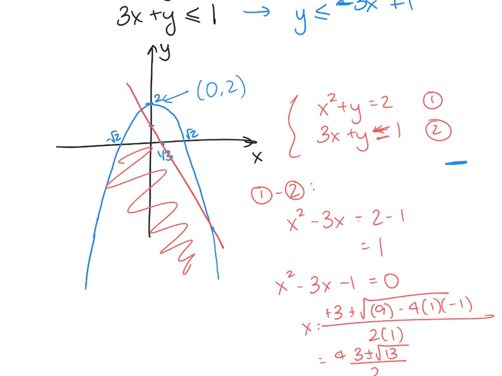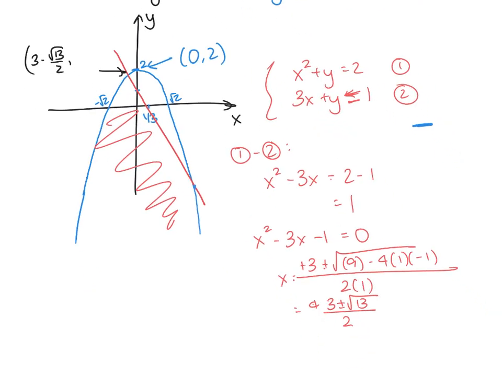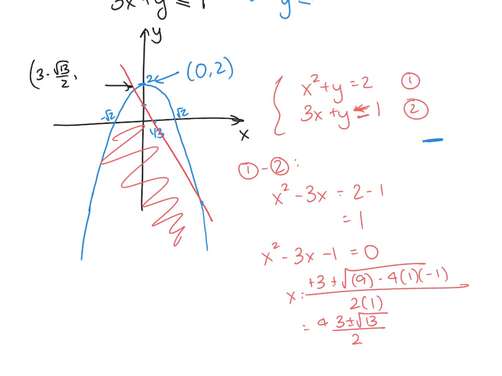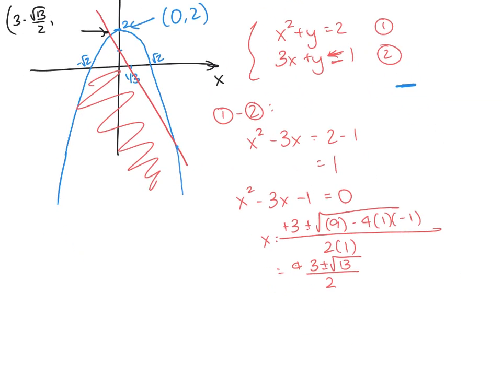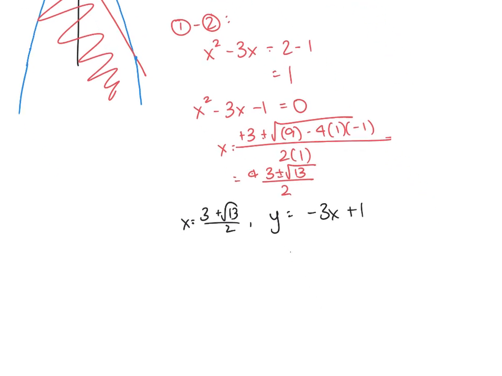So this is going to be 3 minus the square root of 13 over 2. And if you have that, then y is equal to minus 3x plus 1. So that's going to be minus 3 times 3 plus root 13 over 2, plus 1.